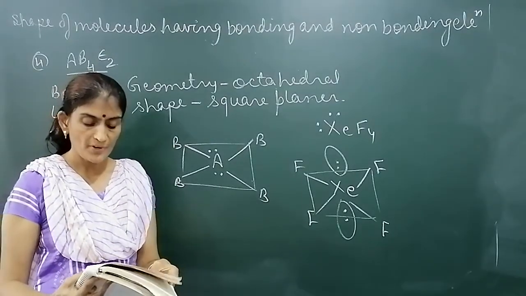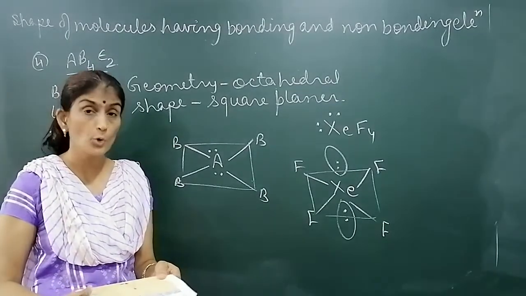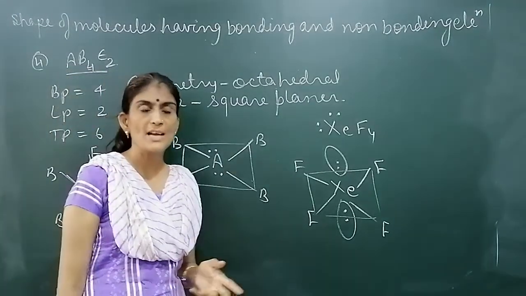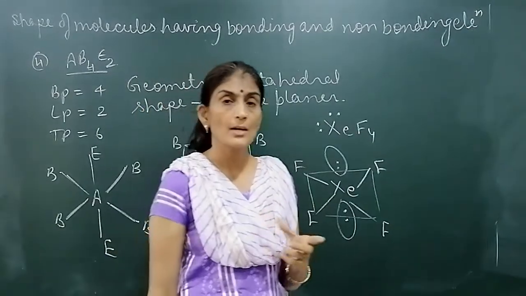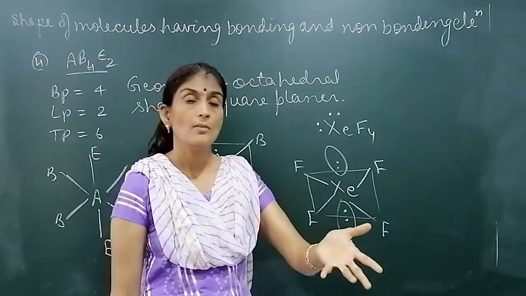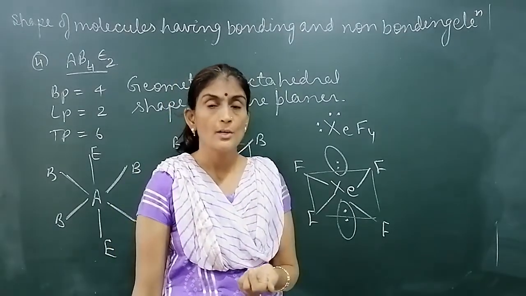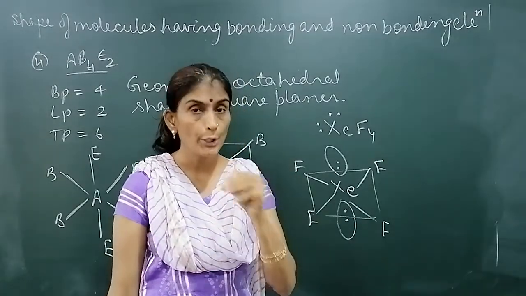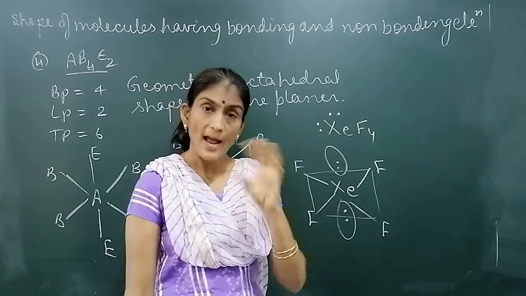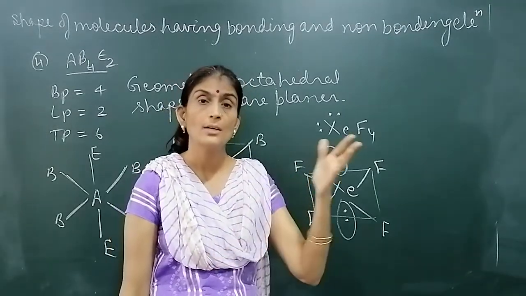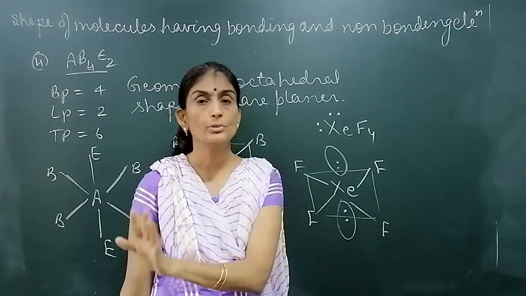So shape will be different from geometry due to presence of lone pair of electron and its repulsive effect. If any reason will be asked why shape is seesaw, it's not trigonal bipyramidal, when there are 5 electron pair and 1 is lone pair, then your answer must be due to presence of lone pair and its repulsive effect, its geometry changes from this geometry to that one.